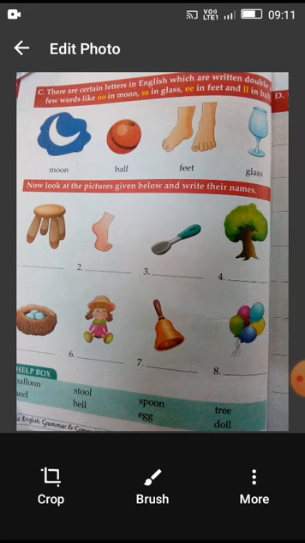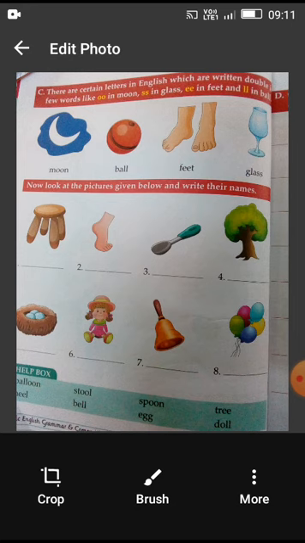For example, the picture also helps you. You see, number 1 is stool. You see the spelling of stool from the help box. STOOL. Stool will be written there, and you have to write under the stool where there are blanks. So in this way you can fill up your book of page 20.